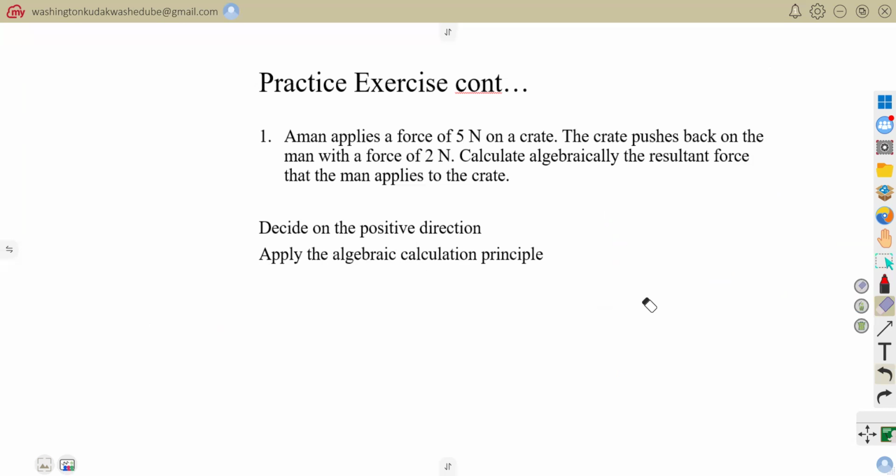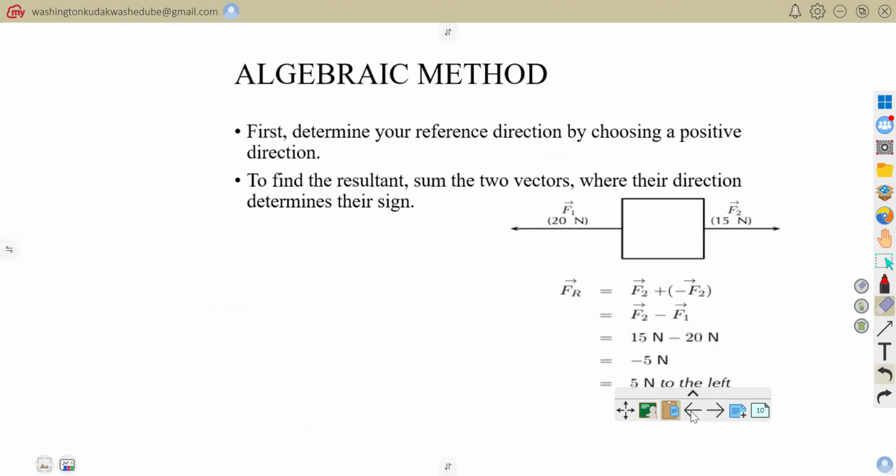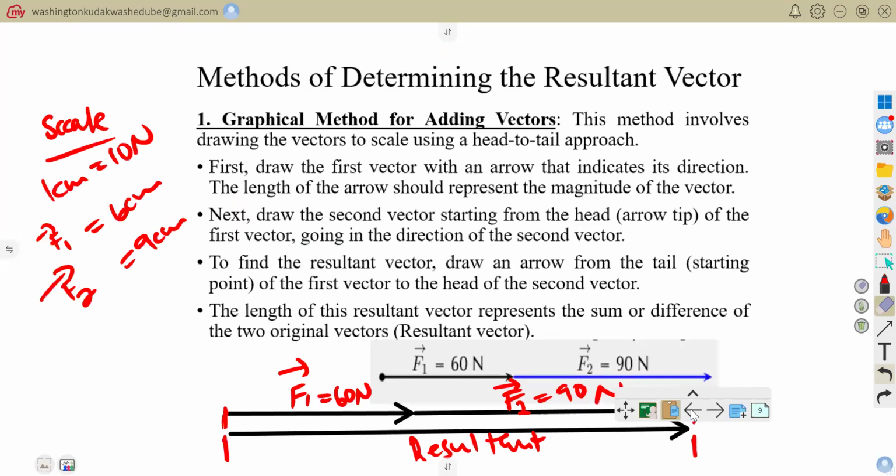We are now able to classify them into either vector or scalar quantities. After that, we are now able to represent vector quantities using arrows, and then we are now able to calculate different vector quantities. By doing that, we can now start on what we refer to as motion in one dimension.